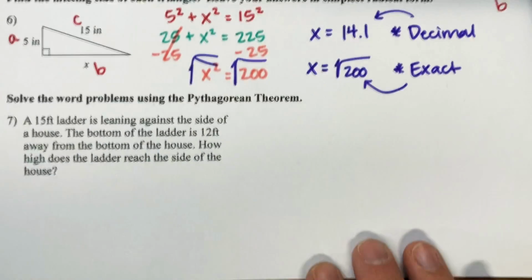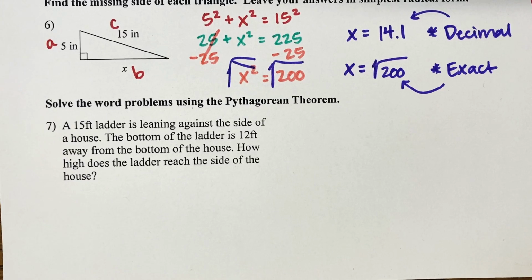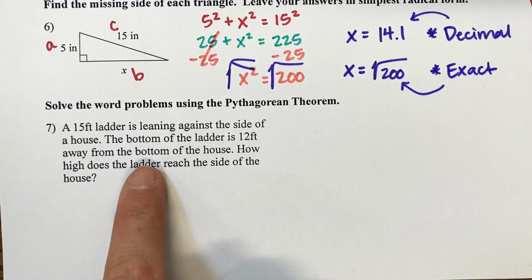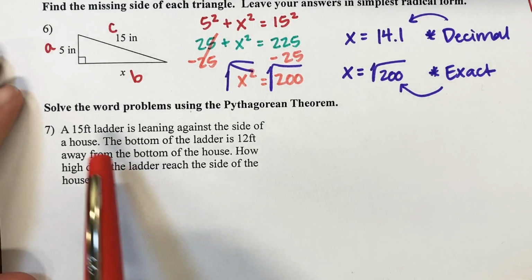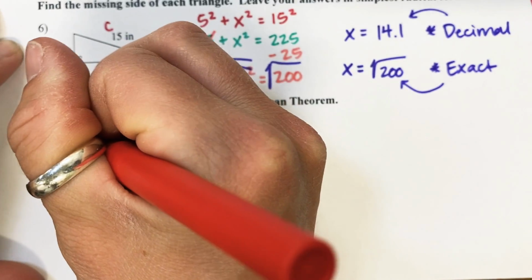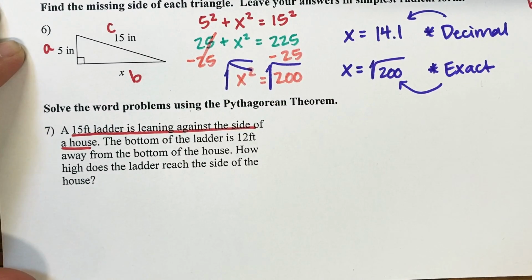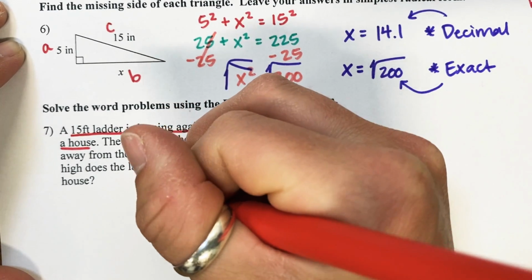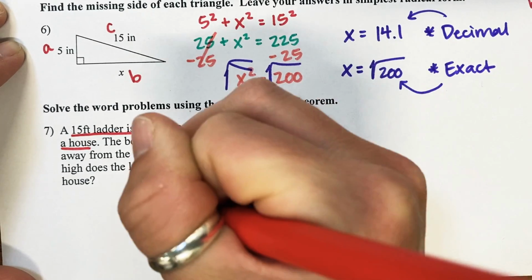Okay, let's look at our last example. This is where we're bringing the Pythagorean theorem into a word problem. So we are going to read the word problem and I'm going to underline information that I think is going to be important. Okay, so it says a 15-foot ladder is leaning against the side of a house. I'm going to go ahead and draw this picture. So we have a 15-foot ladder.